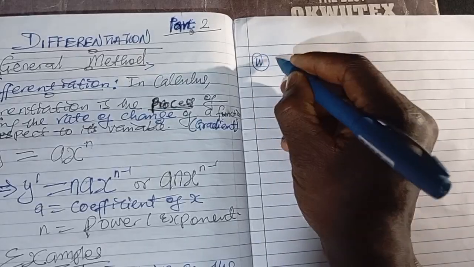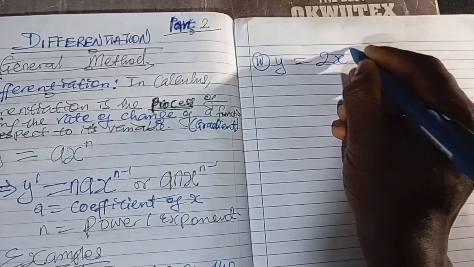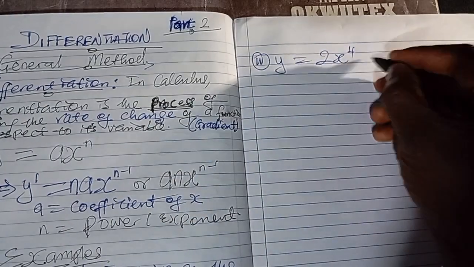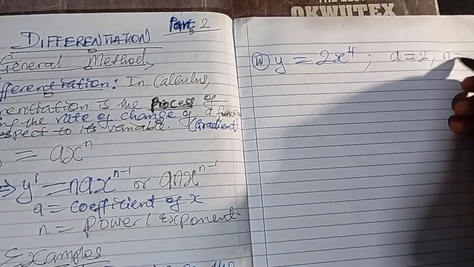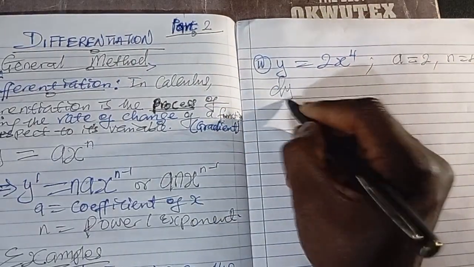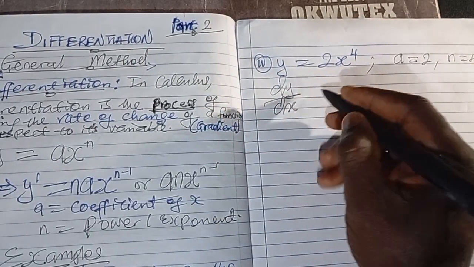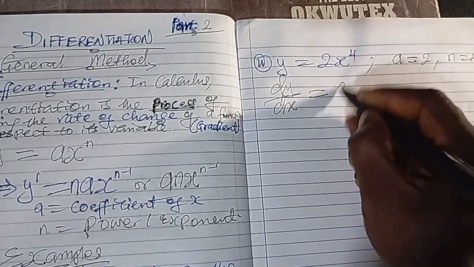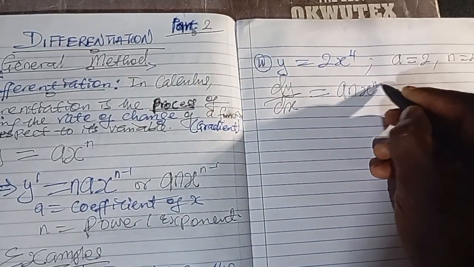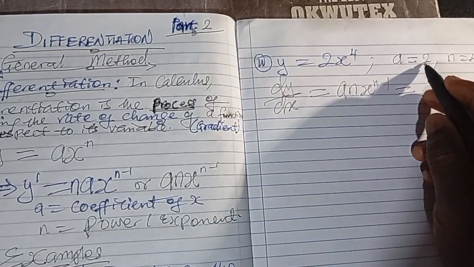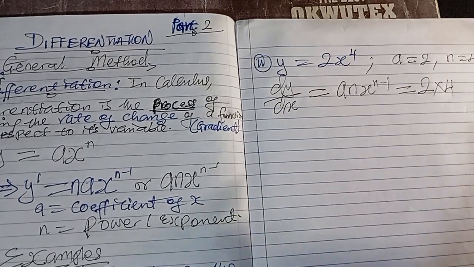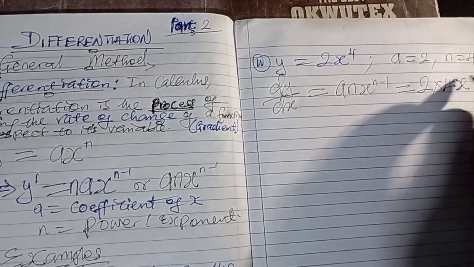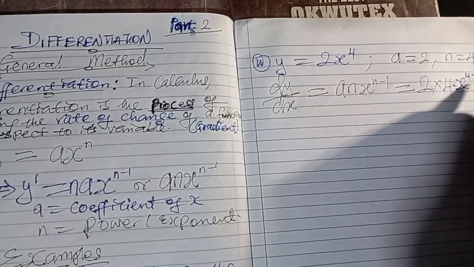Number 2, given y equals 2x raised to power 4. Here, our a, the coefficient of x, is 2, and n is 4. So dy dx is equal to a n x raised to power n minus 1. Our a here is 2, multiplied by n which is 4, then multiplied by x raised to power n, which is 4, minus 1.